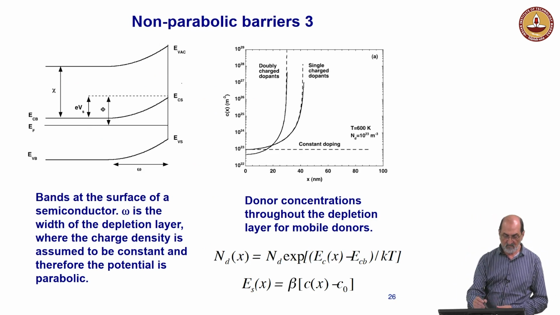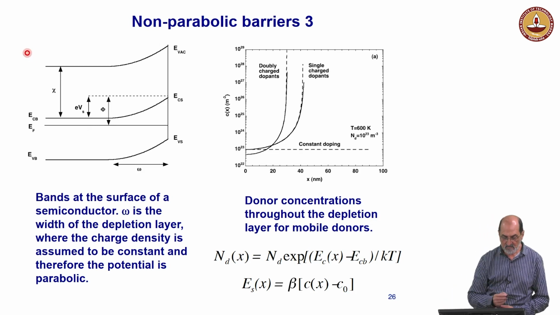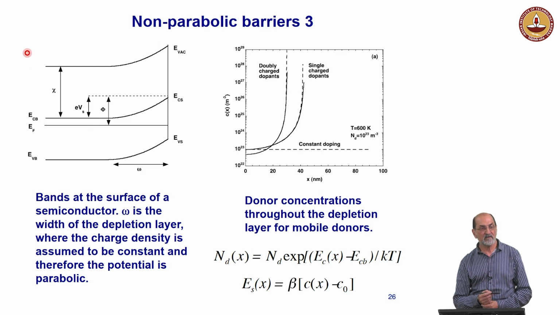Okay, this is what happens. The first plot on the left shows what happens when you have a parabolic barrier that corresponds to a constant density of dopants, that is, a constant density of oxygen vacancies. On the right, we have the donor concentration through the depletion layer if the donors are mobile, that is, if they can reach the equilibrium distribution.